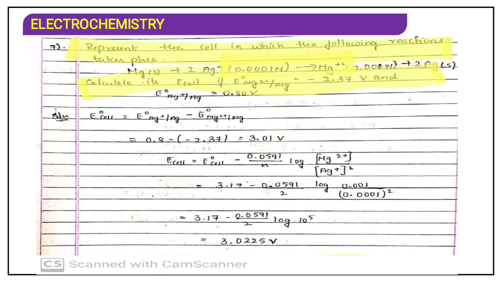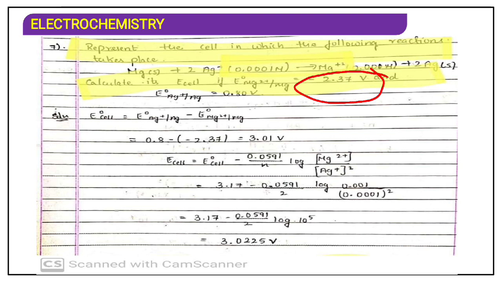But here the very important thing is they are not providing the E cell. That is very important. But they are providing the standard reduction potential of Mg plus 2 and the standard reduction potential of Ag plus. So based on these two values, we have to look at this.